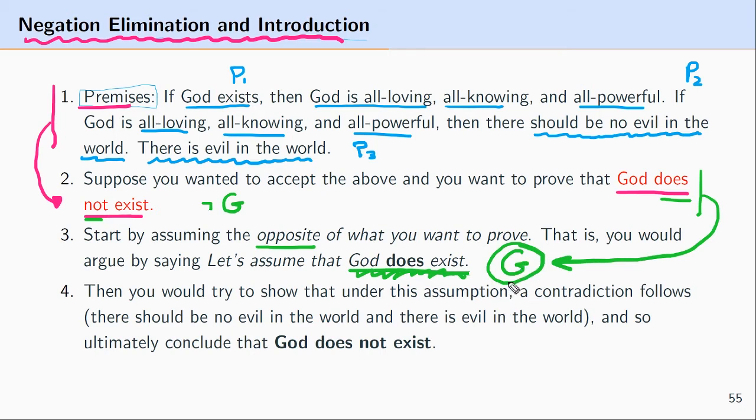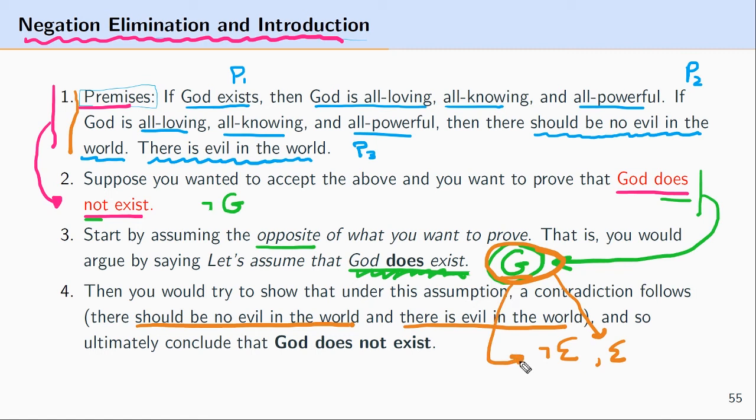And the idea here is, yes, if we assume God exists, then using these premises, we can reason to the sentence there is no evil in the world, and there is evil in the world, which looks like we're reasoning to not E and E. So the idea is if you make this assumption that God does exist, it entails both a formula and that formula's literal negation.